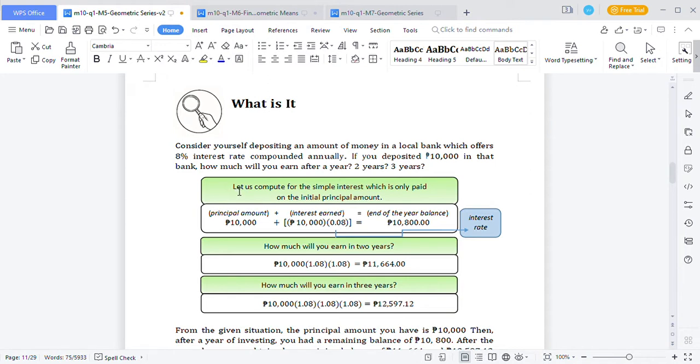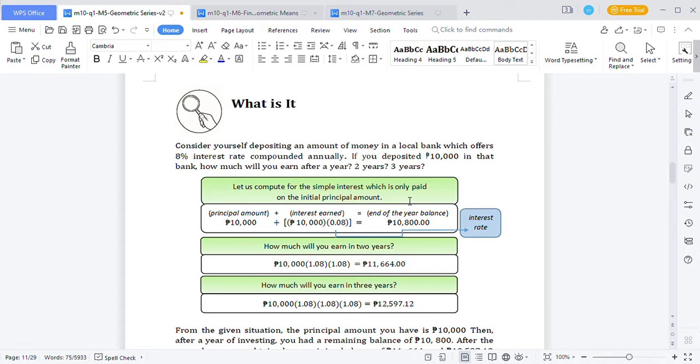Let us compute for the simple interest, which is only paid on the initial principal amount. So with simple interest, the interest you get is only the interest on your principal amount. And then in the second year, it is still the interest on your principal amount that you get.